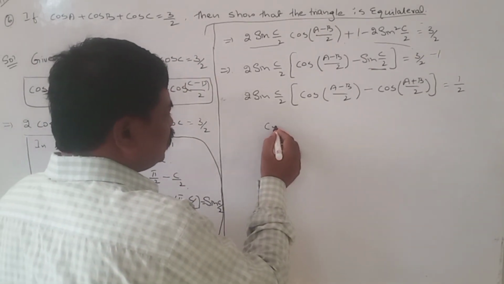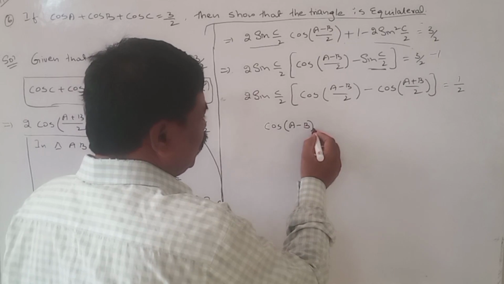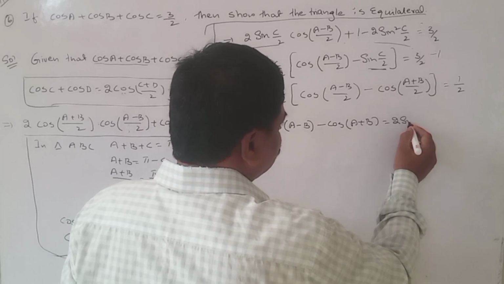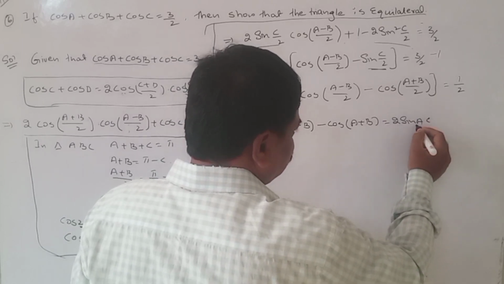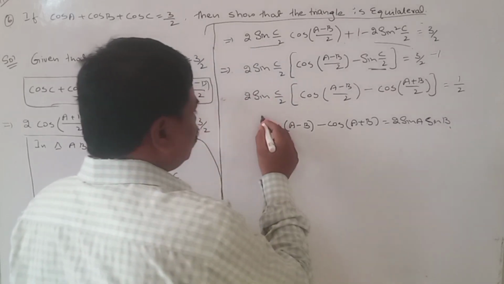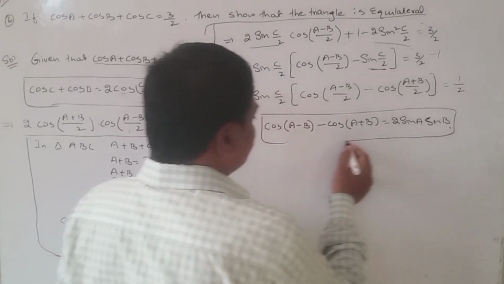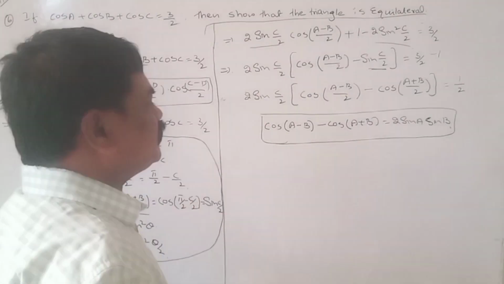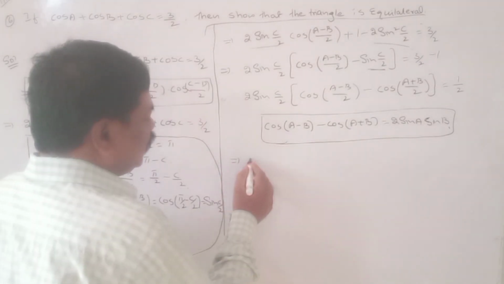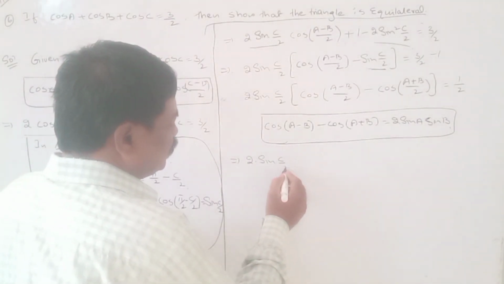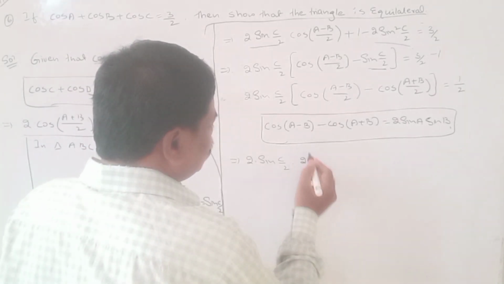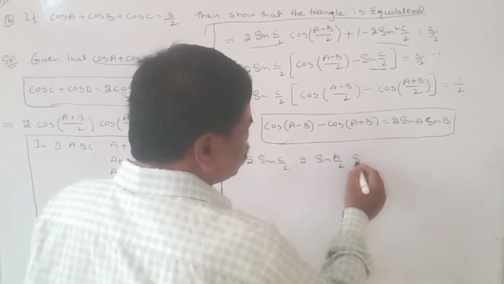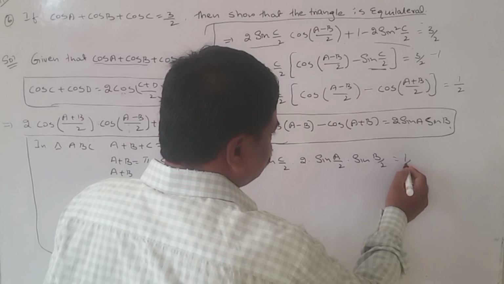Here you observe, cos of (A minus B) by 2 minus cos of (A plus B) by 2 is equal to 2 sin A by 2 sin B by 2. So here we have 2 into sin C by 2 into 2 into sin A by 2 into sin B by 2 is equal to 1 by 2.